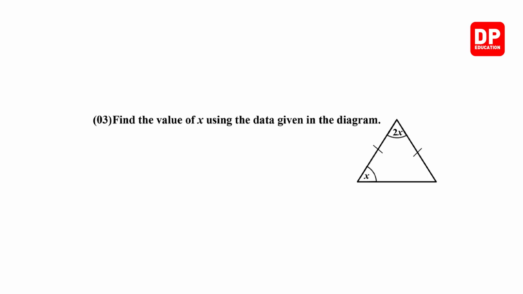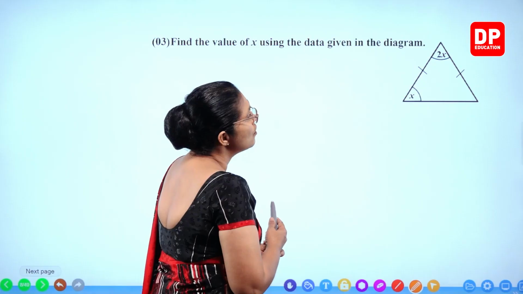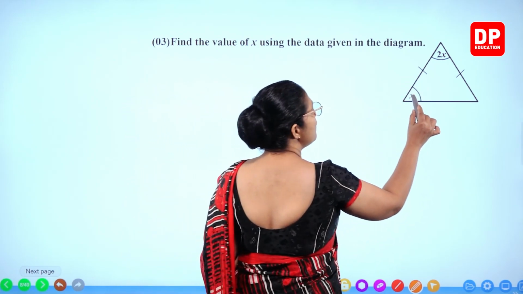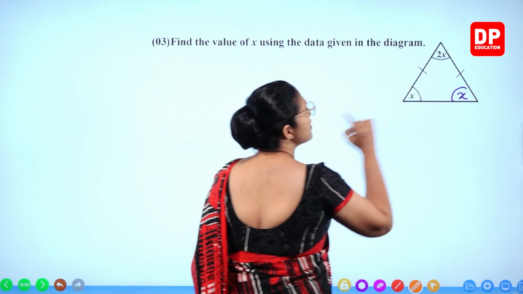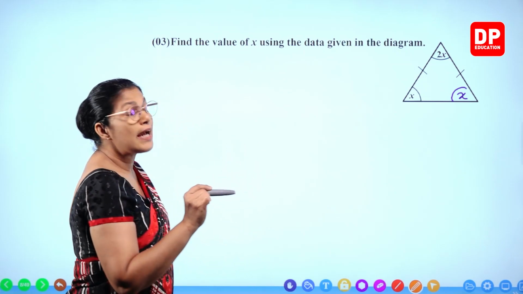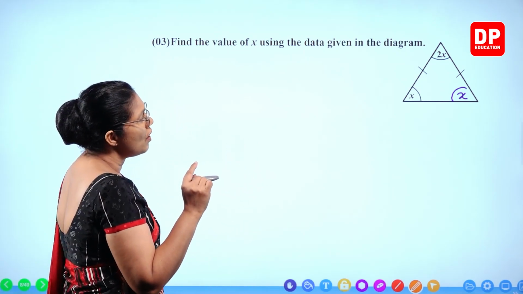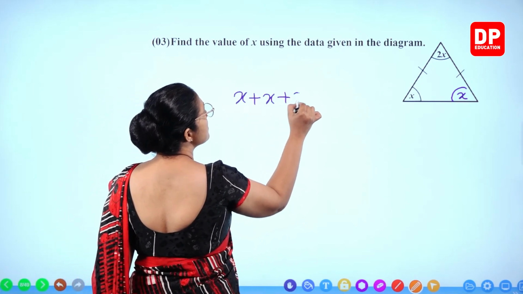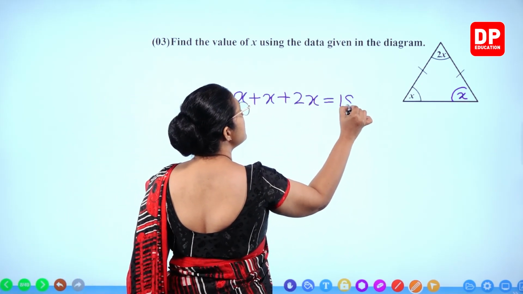Question number 3. Find the value of x using the data given in the diagram. Here two lengths are given. It's an isosceles triangle. If this is x, this is also x. Now the sum of the angles in a triangle adds up to 180. So x plus x plus 2x is equal to 180.